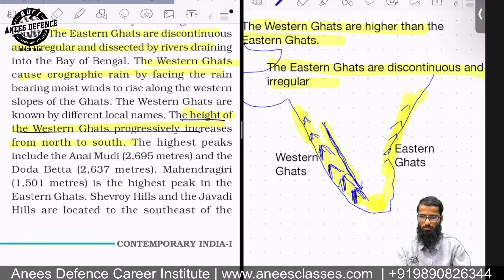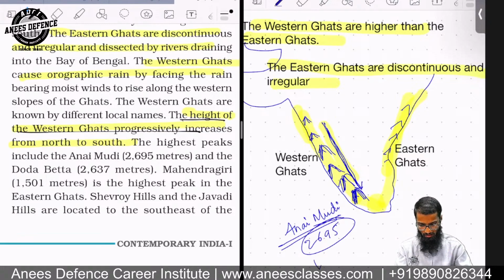The highest peaks include Anai Mudi, which is 2,695 meters, and Doddabetta.